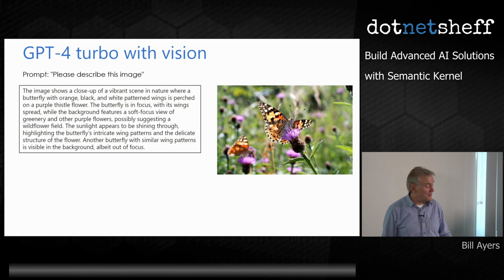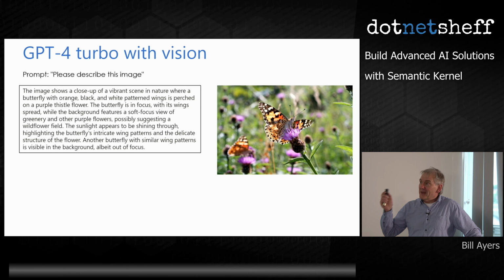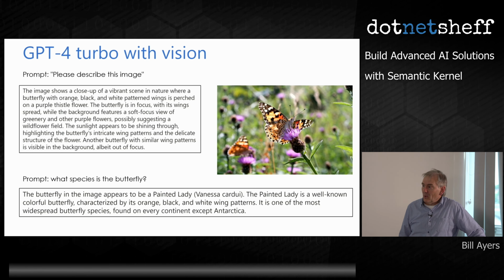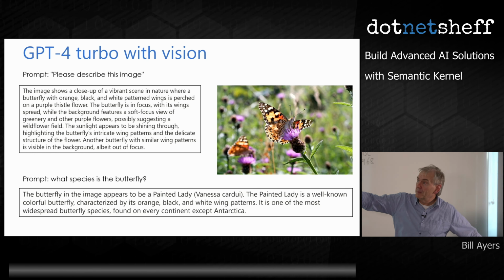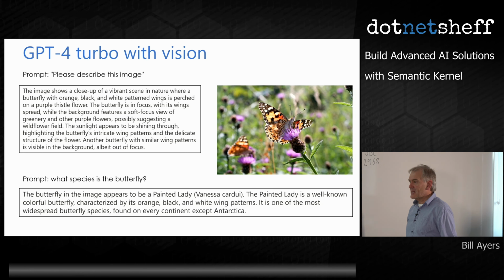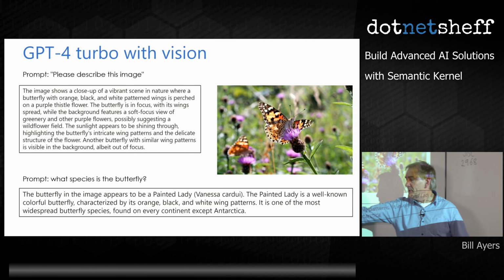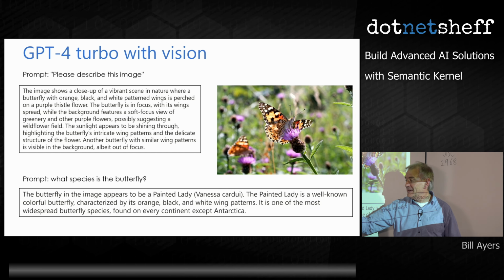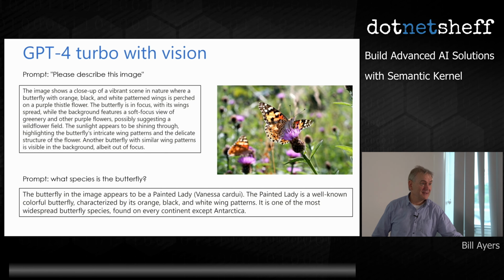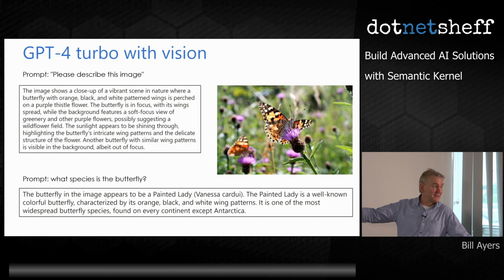Quite a good description of the image, but because it's GPT-4, I can ask it a follow-up question. So I can say, what species is the butterfly? Second prompt, it's got this history as well. It says, the butterfly in the image appears to be a painted lady, Vanessa cardui. Binomial Latin description. Correct. It is a painted lady.